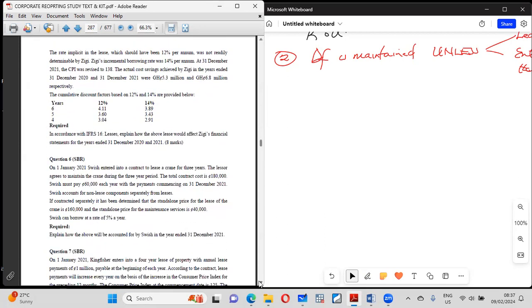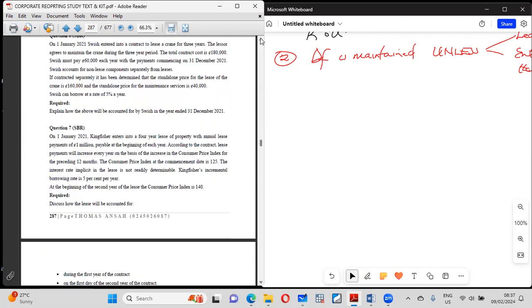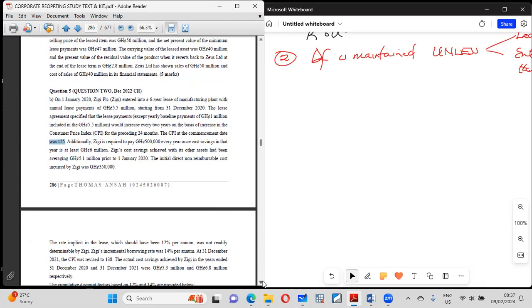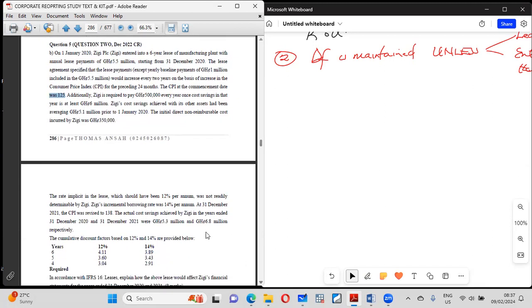All right, so you could see that I keep telling you that the examiner, you see this at the commencement rate, it is 125. Then you see incremental borrowing rate. You see this one, implicit rate should have been 12%. And they said that it's not readily determinable. If it's not readily determinable, then we use the 14%.